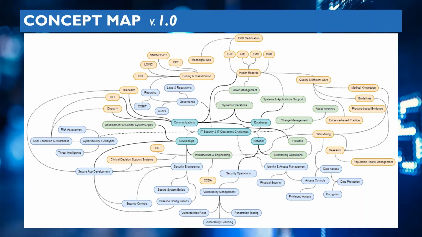But I digress. Going back to the example, if I could pick one here, health records is a concept deriving from communications. And communications in this case is any type of communication, whether it's email, messages, documents. So in this case, a health record would be a document.